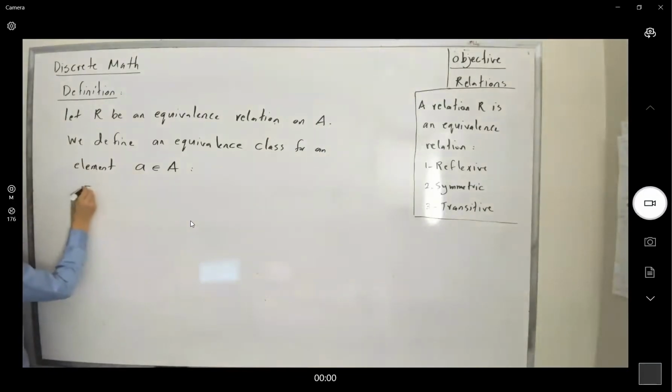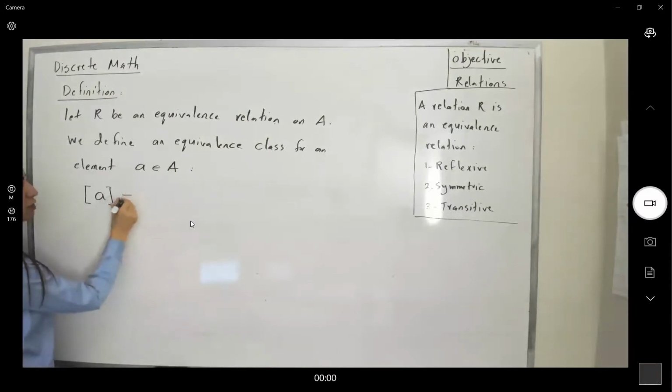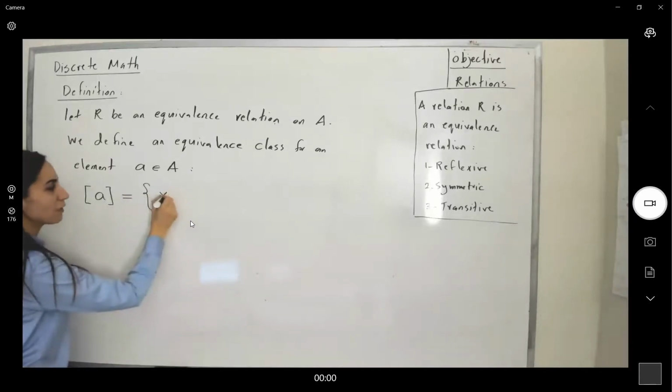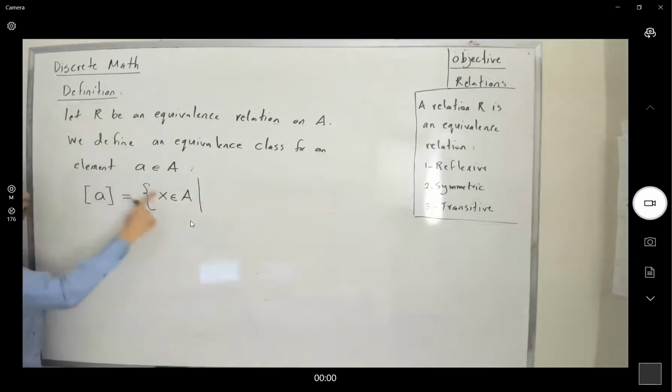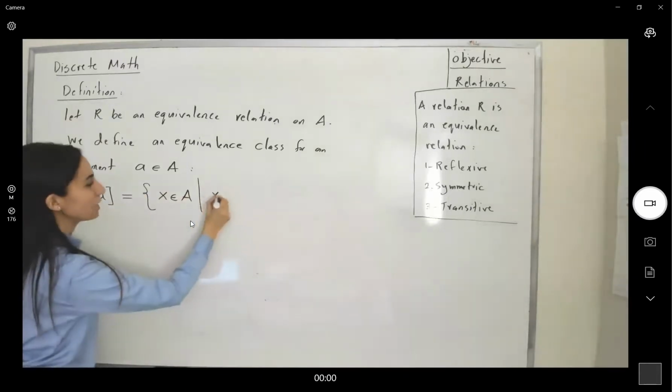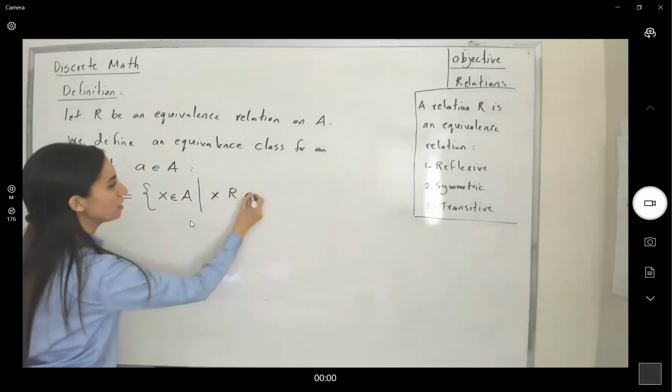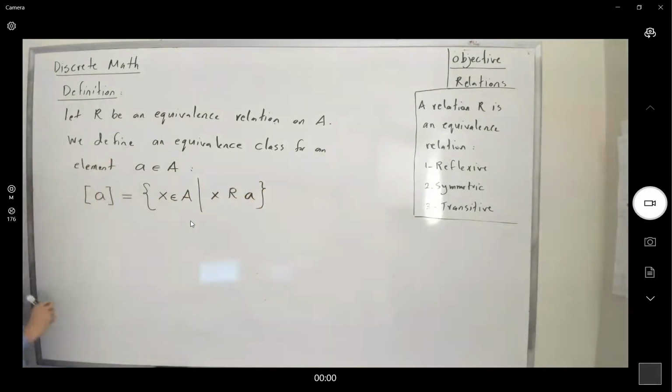This equivalence class is denoted by bracket a, we open and close the bracket, which is equal to the set of all x values in A such that x is in relation with a.